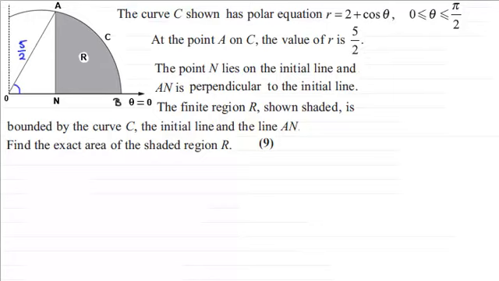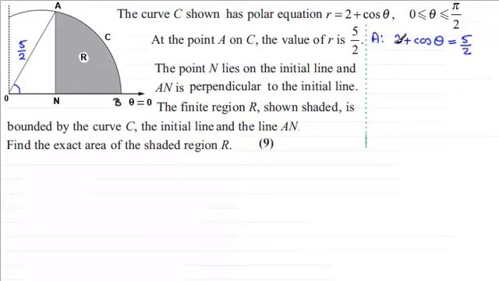So that's my starting point then, first of all. We'll just come down here. Okay, and so what we've got is that when we're looking at A, we know that r is 5 over 2. So we've got 2 plus cos theta, so 2 plus cos theta must equal 5 over 2.